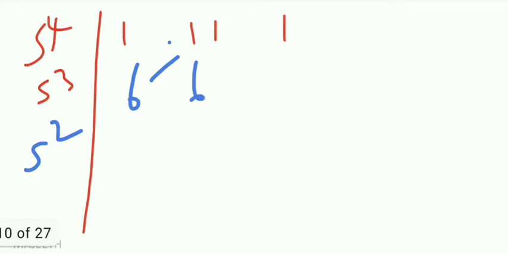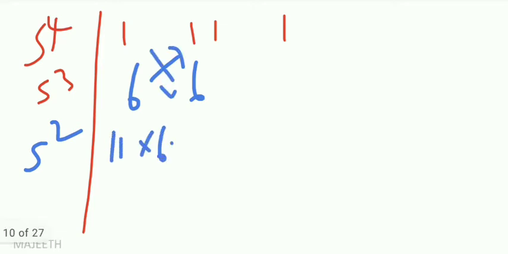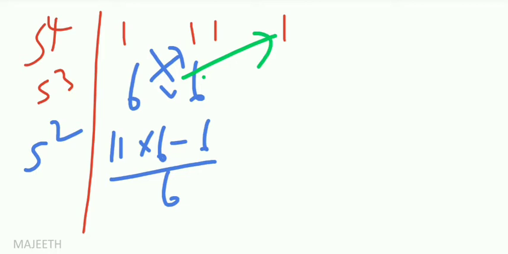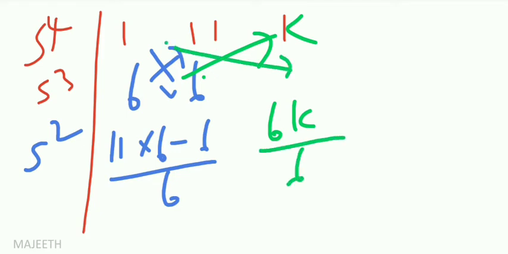If you convert s squared, so what we have to do? Cross product, right? So 11 into 6 minus 6 divided by 6. Similarly, this product, this is k, right? 6k minus 0 divided by 6. What is my s power 1?